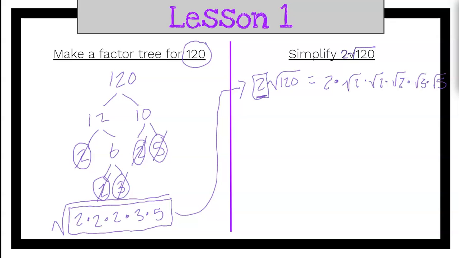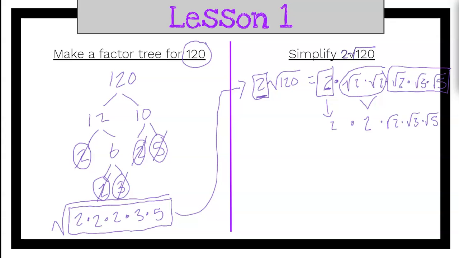But this 2 in the front is not underneath the radical. So then again, we can combine any two like radicals. So the square root of 2 times the square root of 2 becomes 2 times this 2 in the front. Can't forget that. And then everything else is going to stay the same because we don't have any more pairs. So we're looking for those pairs.